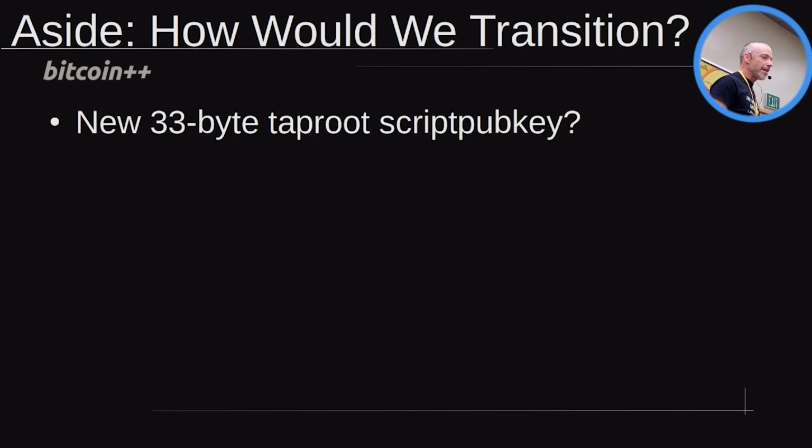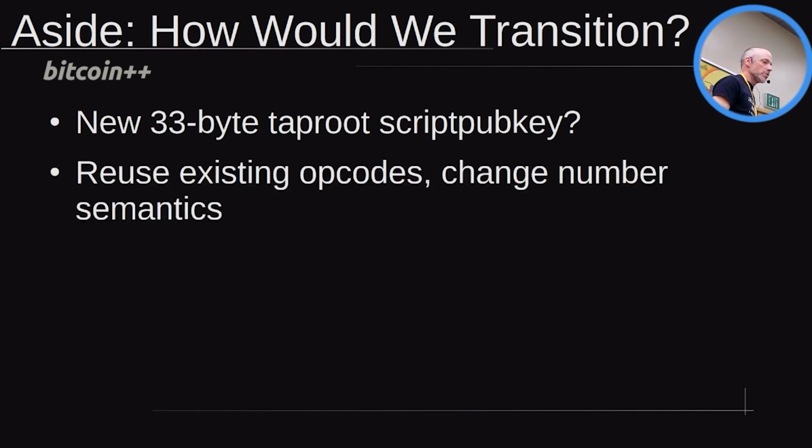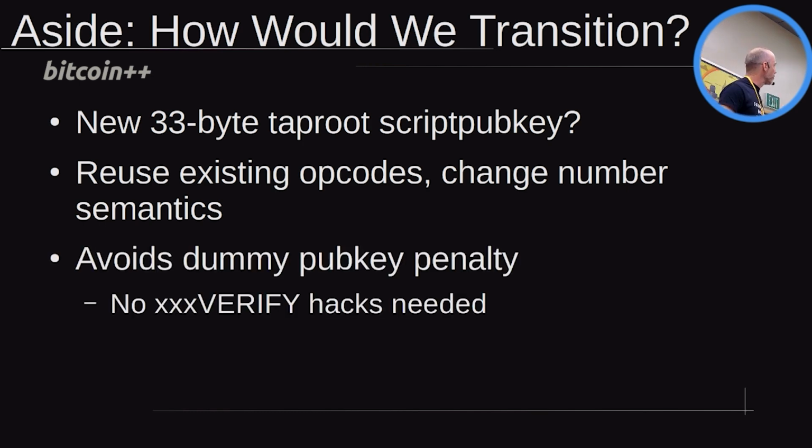So if they did that, we could say, okay, in that case, you're using new script. Because we want to reuse existing opcodes and change the number semantics, it would be awkward just to add a crap load of new opcodes. Add V, sub V, all those. If we want to change opcode semantics, we really do need to update the script version to be Tapscript v2, internally at least.